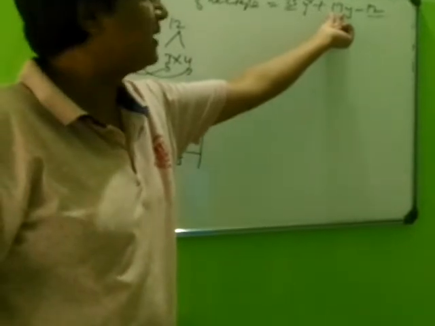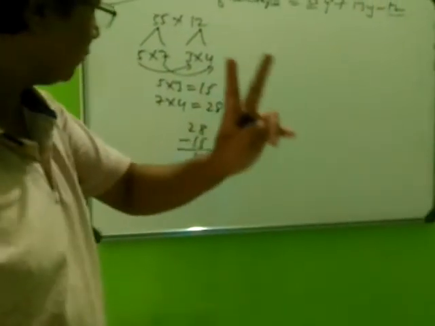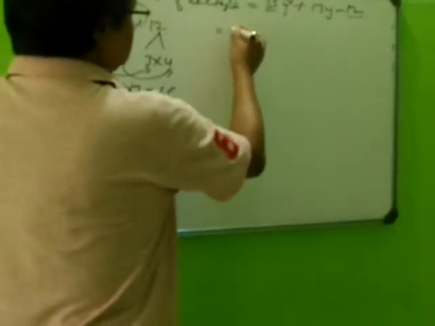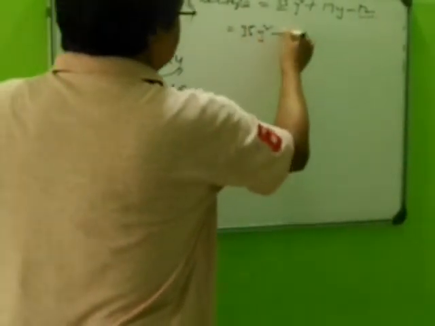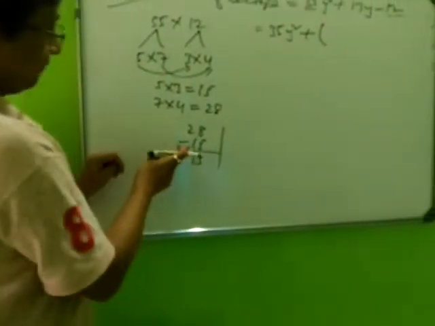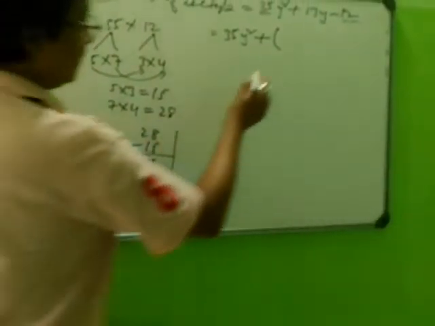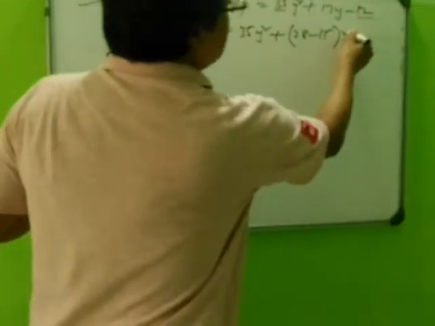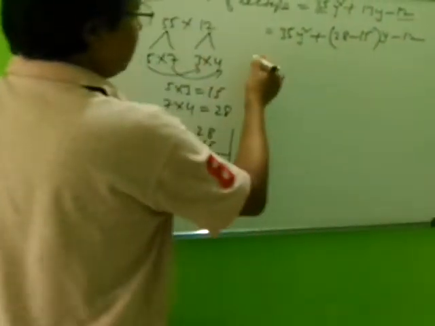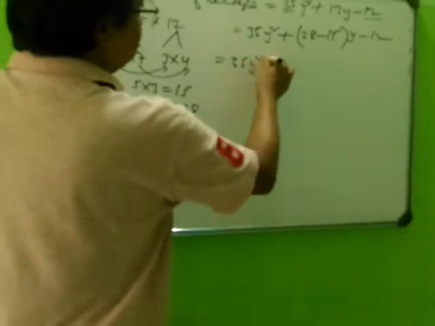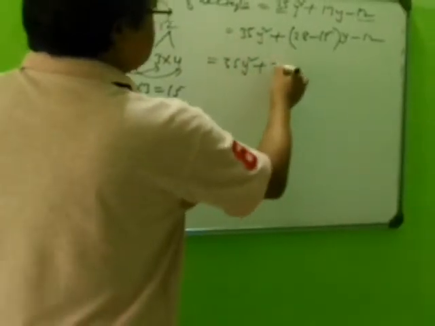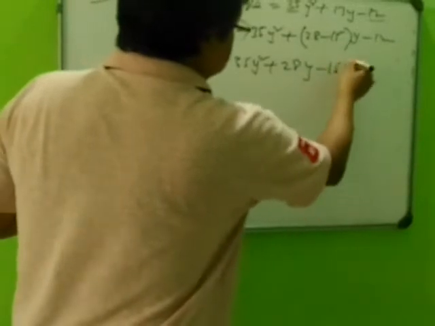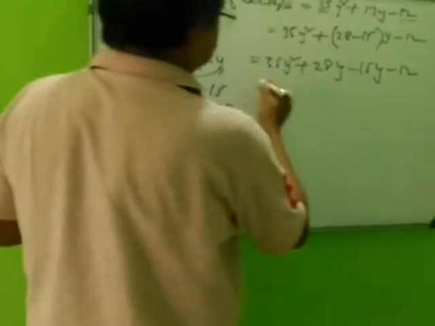That means you are going to split the middle term into two terms, 28 and 15. So it equals 35y square plus 28y minus 15y minus 12.